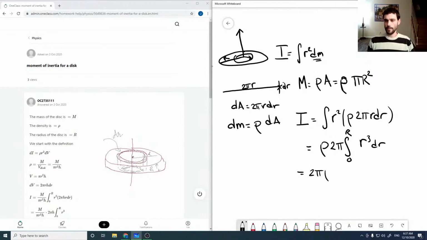And so we have 2 pi rho. The integral of a power is you just pop the power up by 1 and then divide, so it'll be r to the 4th over 4. And our limits are 0 to R.